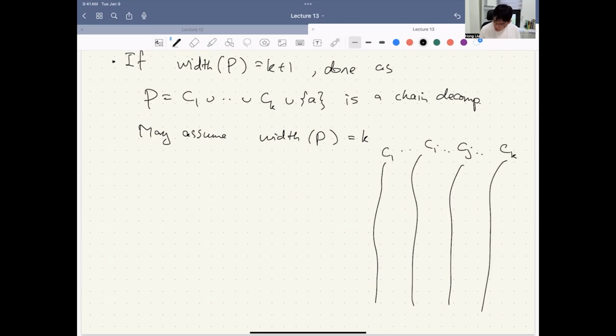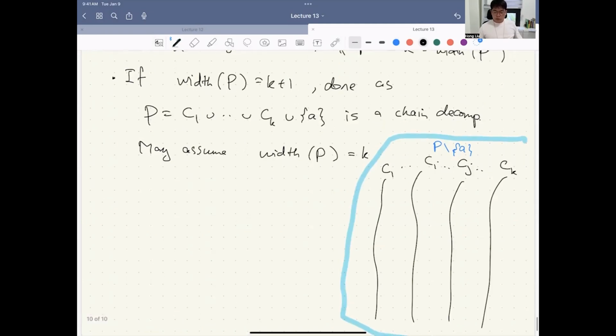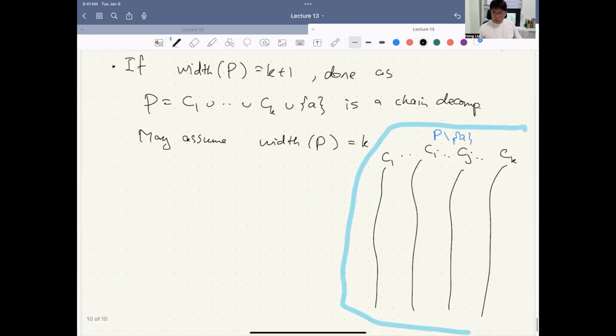This is my chain decomposition of P minus A. Since we know the weights of P and P prime are the same, they are size K. So we have to somehow pick a nice size K anti-chain here and try to somehow merge, create a new chain decomposition with A incorporated to finish the proof.